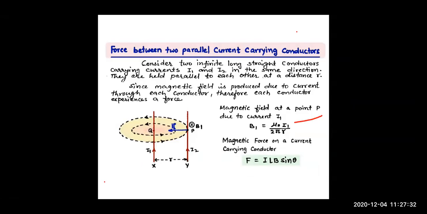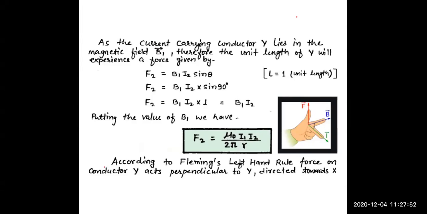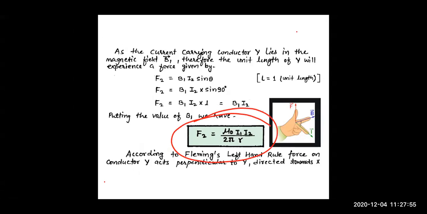Then the thumb is pointing towards the left. That is the direction of F2. Right, children? So this is the direction and this is the magnitude of force experienced by wire 2.